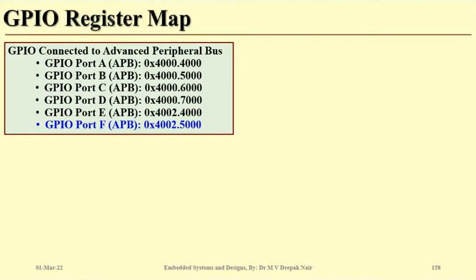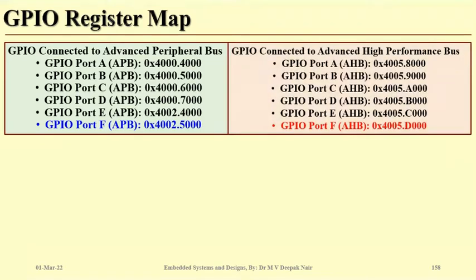I discussed the block diagram of the microcontroller, and you might have noticed that there are two different types of bus available: one bus family is APB and the other is AHB. Their base addresses differ with respect to the bus. So for GPIO A, the base address if you are using APB is 4000 4000.